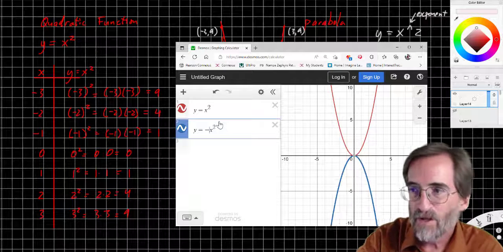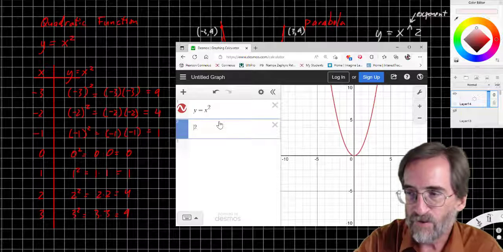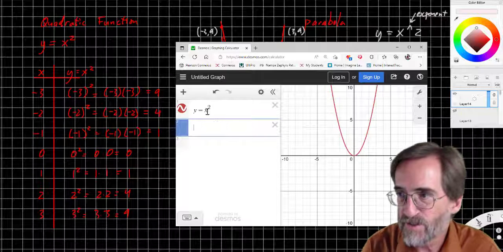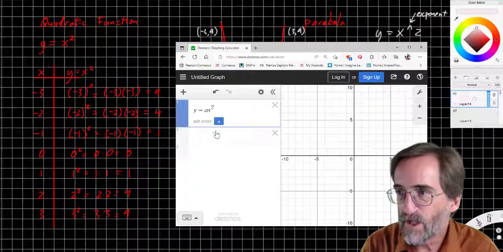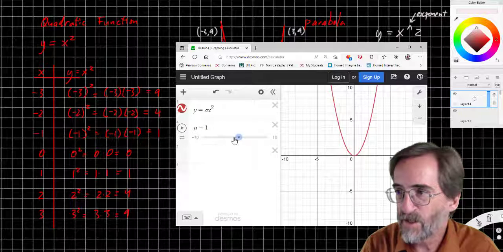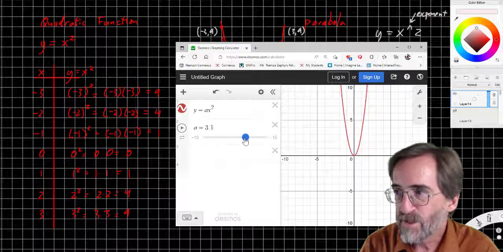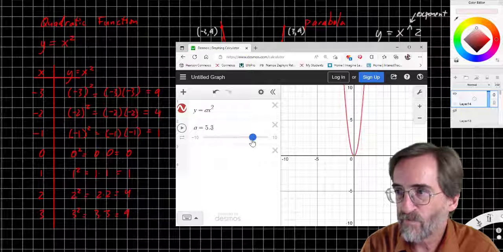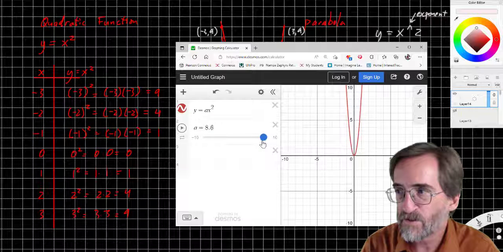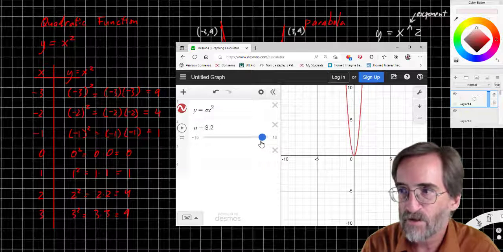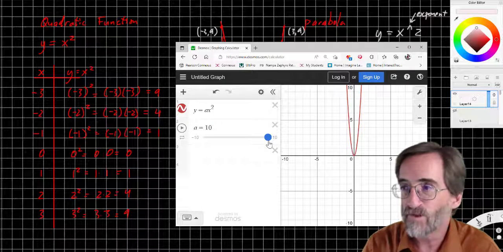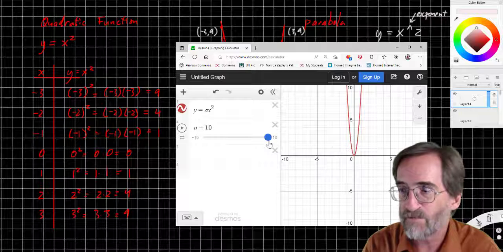Okay? And one of the cool things about Desmos is I can do this. I'm going to put A in here, and I'm going to add a slider for A. As A gets bigger and bigger, so 4, 5, 6, it gets taller and taller, and hence looks skinnier. It's now 10 times as tall. Instead of over 1 up 1, it's over 1 up 10.